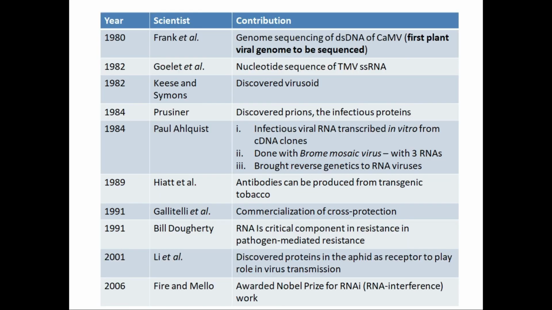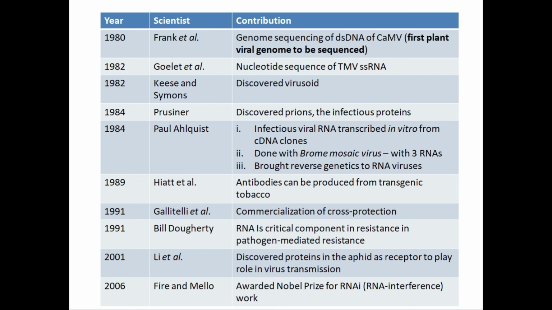Frank et al. did the genome sequencing of double-stranded DNA of cauliflower mosaic virus. It was the first plant virus genome to be sequenced. Then nucleotide sequencing of tobacco mosaic virus was done, though we see that tobacco mosaic virus is the first studied and described plant virus, but its genome sequencing was done after another virus, a double-stranded DNA virus, that is cauliflower mosaic virus.